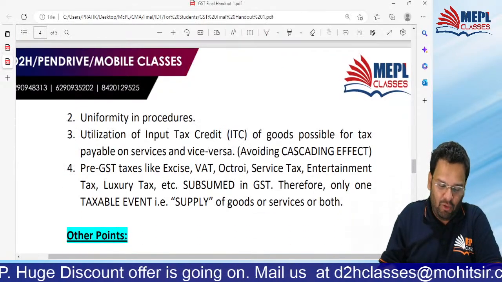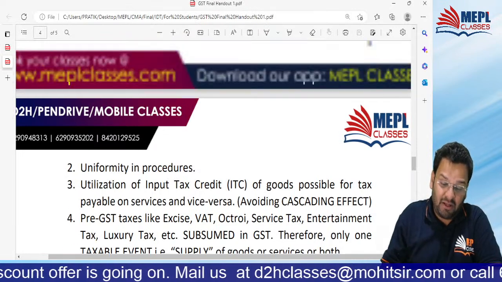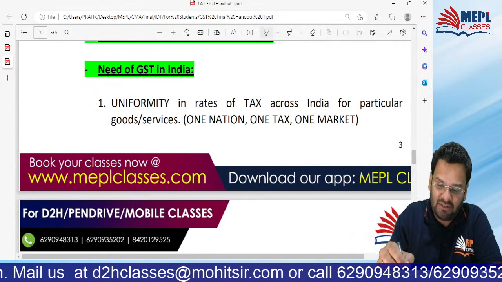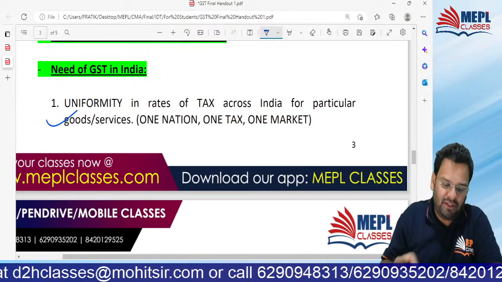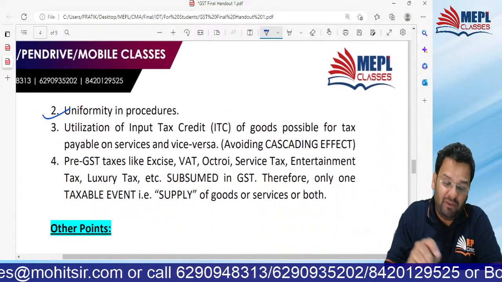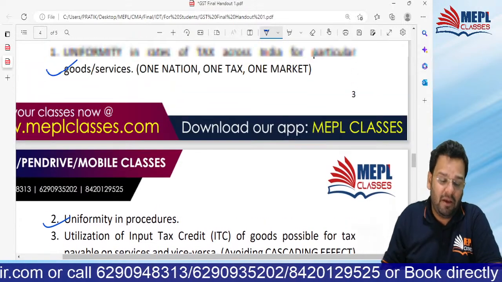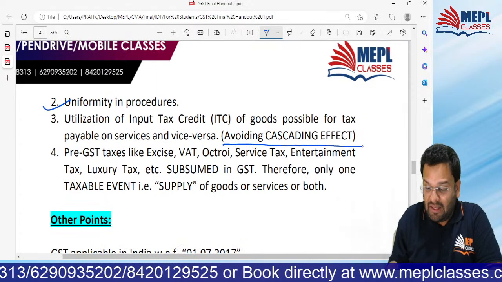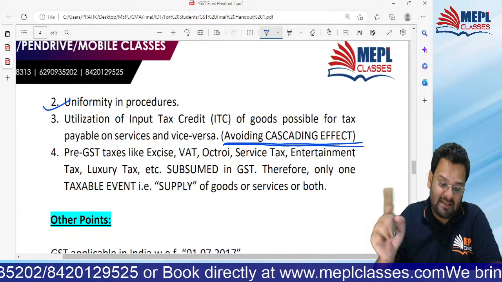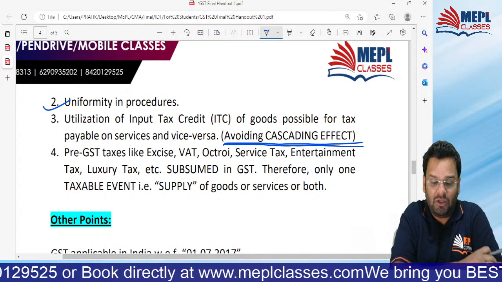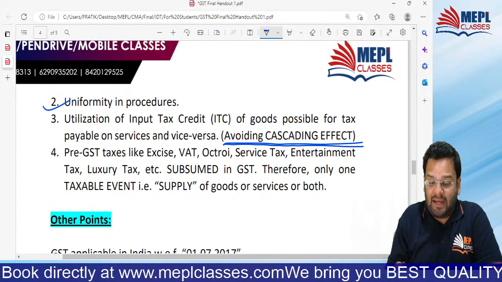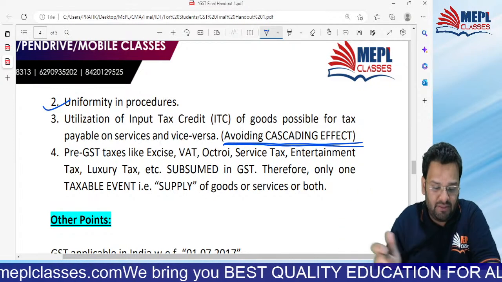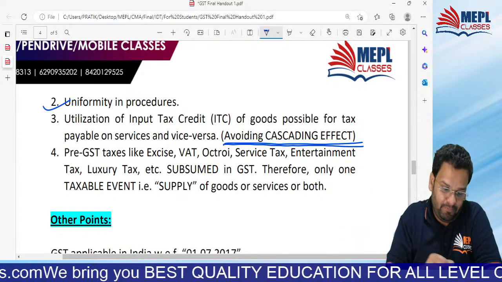So that's what I wanted to tell you, that because GST is getting introduced, there will be uniformity. We discussed yesterday. There will be uniformity in rates as well as uniformity in procedures. Further, GST will avoid cascading effect, because utilization of ITC of goods is possible for tax payable on services and vice versa.